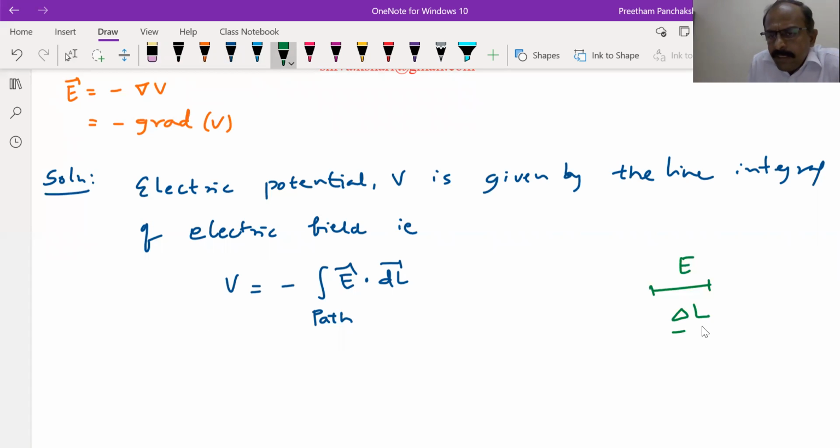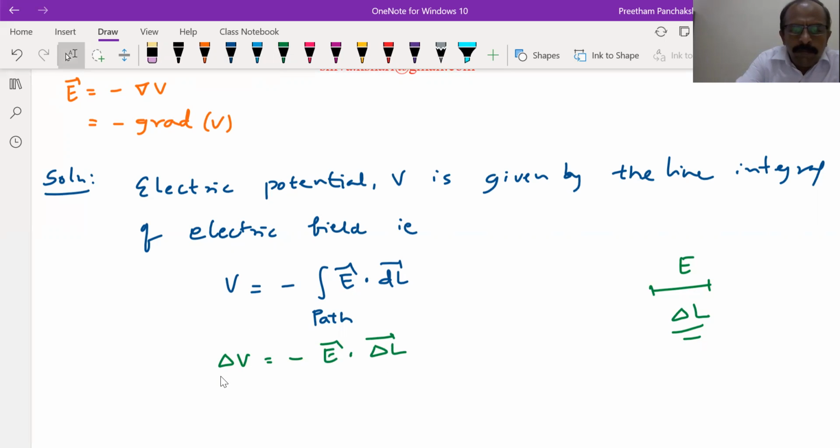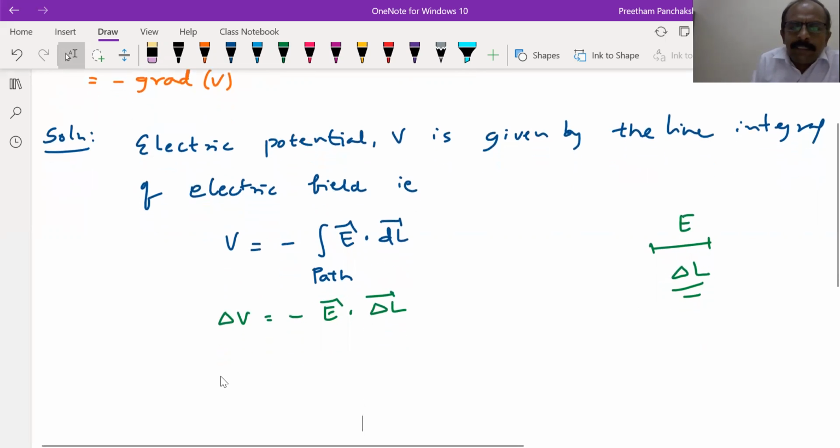When the path is very small, electric potential across the path is also very small. That means delta V is equal to minus E dot delta L. So delta L is the incremental path. Delta V is the incremental potential over the incremental path.